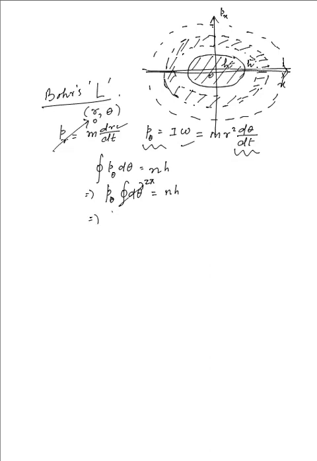So p theta times 2 pi is equal to nh, and that just gives me nh by 2 pi, and p theta, as you know, is the angular momentum, that is simply L vector in general designation.